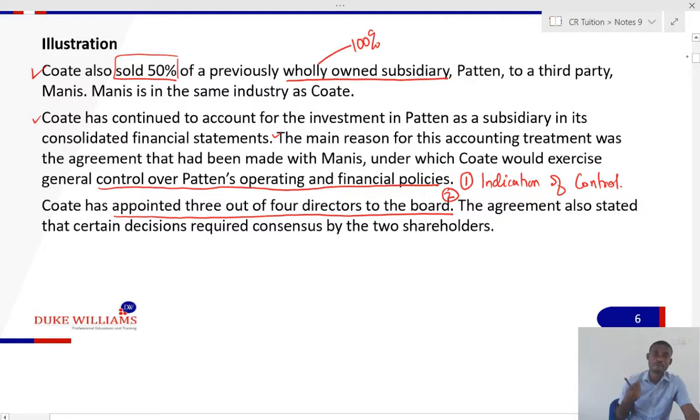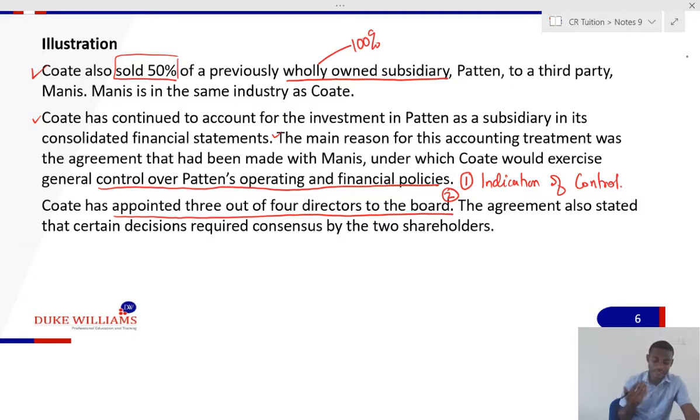The investor should have power over the investee to direct the relevant activities which are financial and operational. By that power to govern, the investor would have majority representation on the board. The investor is having exposure or a right to receive variable returns, and has the ability to affect those returns. And then we're saying that due to his involvement, he has the ability to exercise the power over the investee. So you want to look at this.